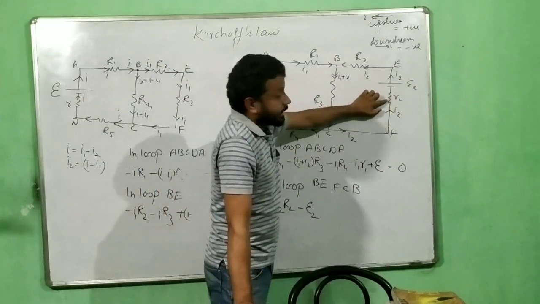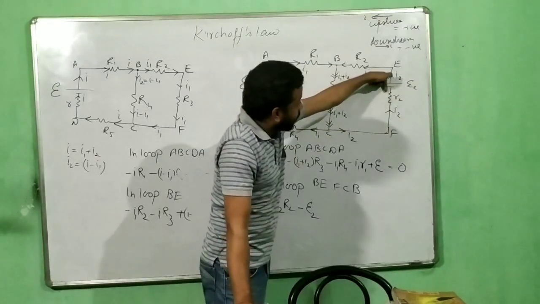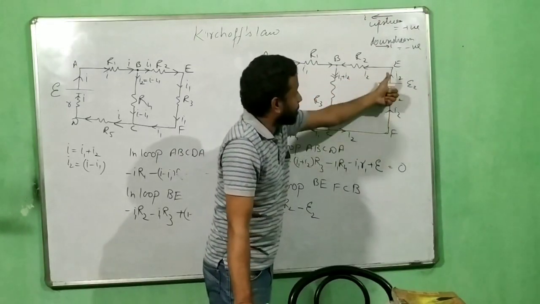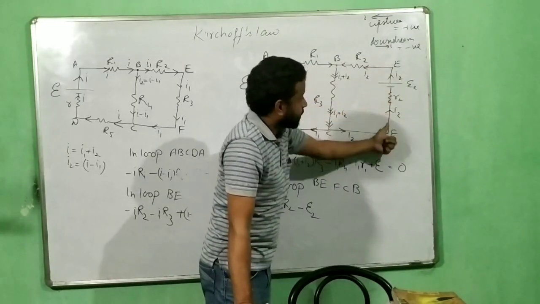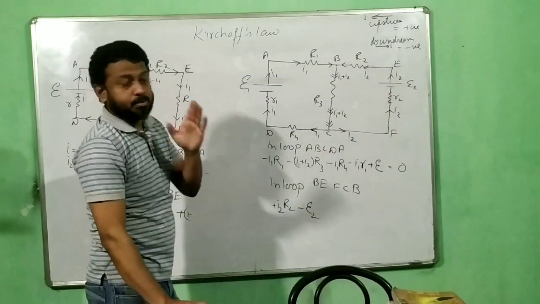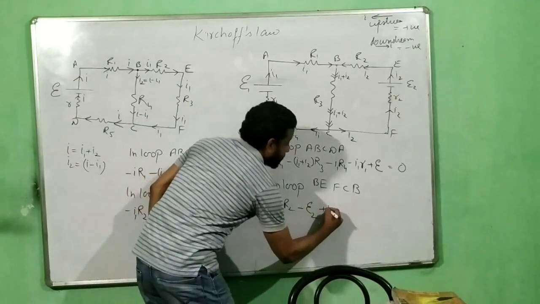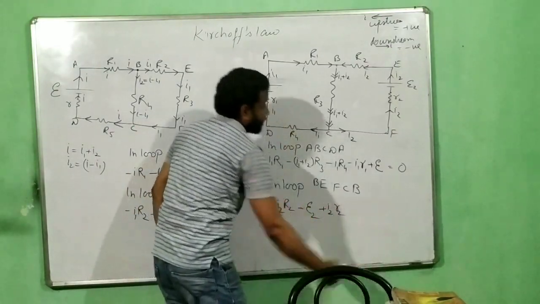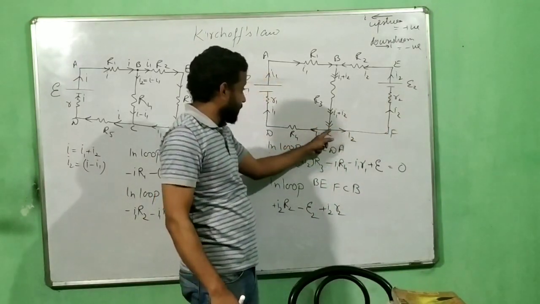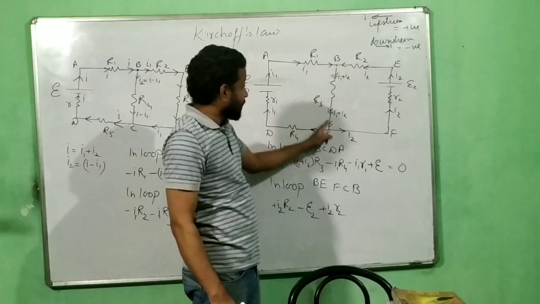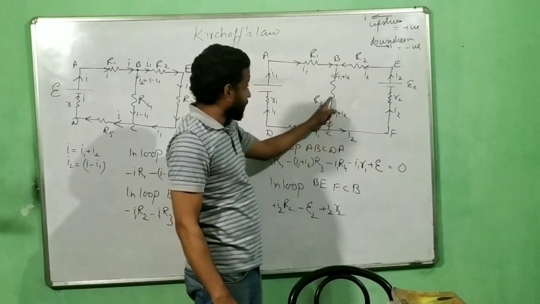Now resistance again, so look for the current. Now you are going like this, current is going up. Upstream. So plus I2 multiplied by R2. Nothing here. Remember, you have to come back to B. So you are going here now.